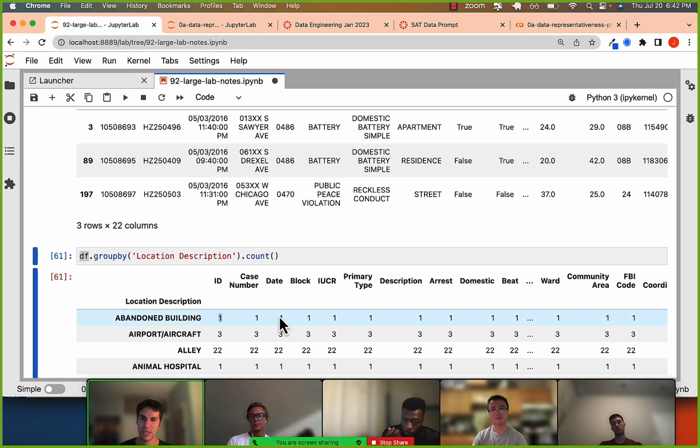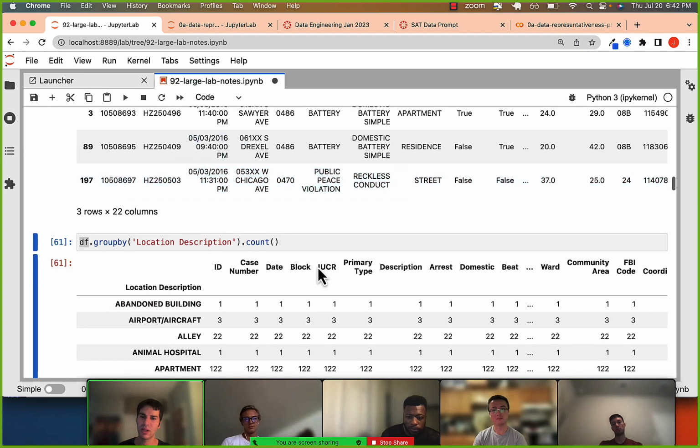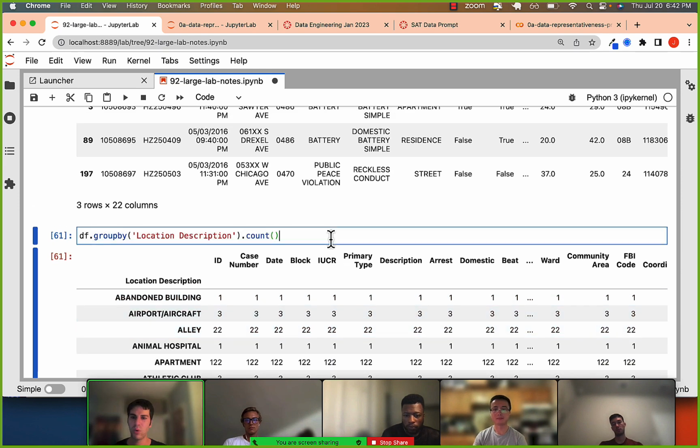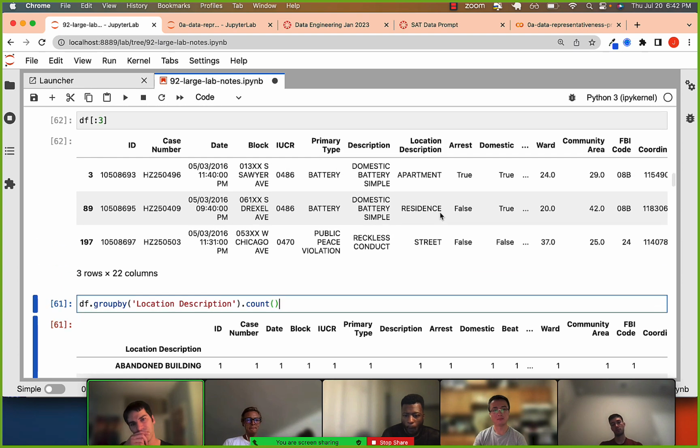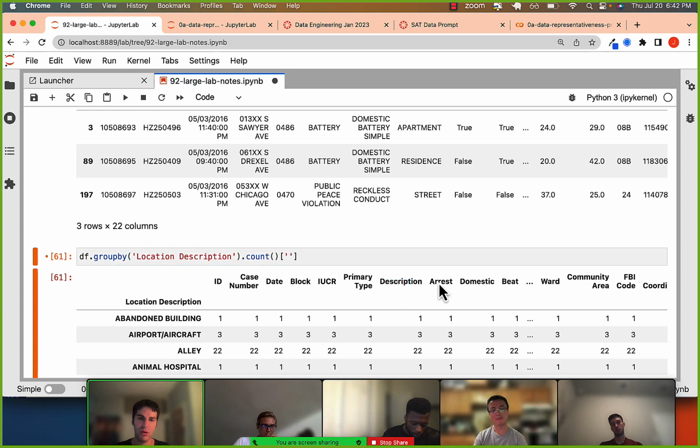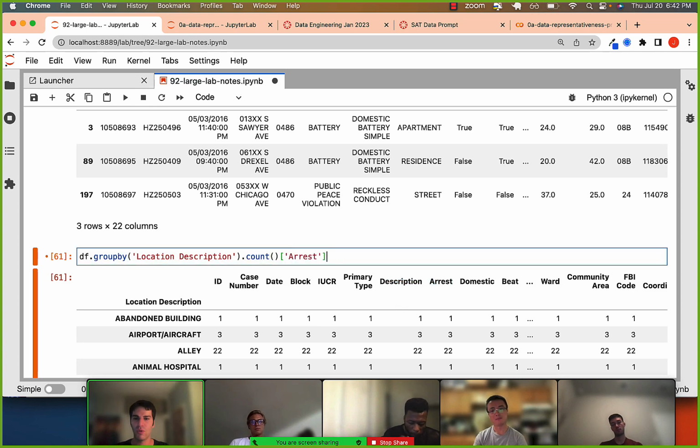It's just giving us the same results each time because it's basically counting any of the values that aren't null. So say we had a sum, like our movies data set, and we were grouping by genre and then showing the revenue. What you should do is select that attribute that you care about. So maybe here it would be arrest.